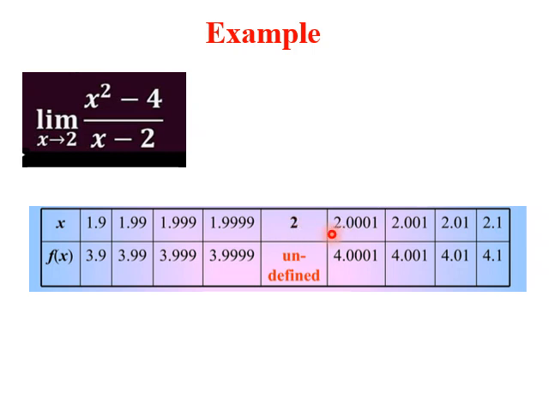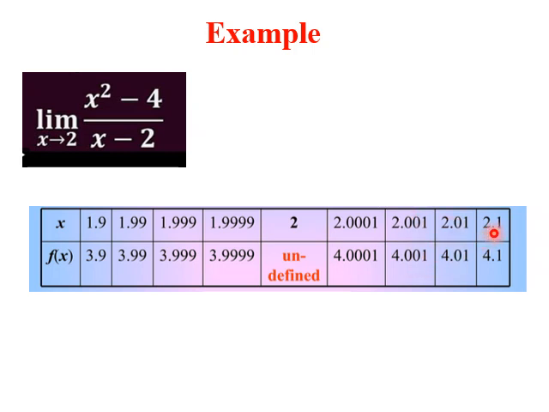We put values closer to 2, say 2.1, 2.01, 2.001 and so on, and once we put these values into f of x, we compute f of x as 4.0001 for the corresponding x values.